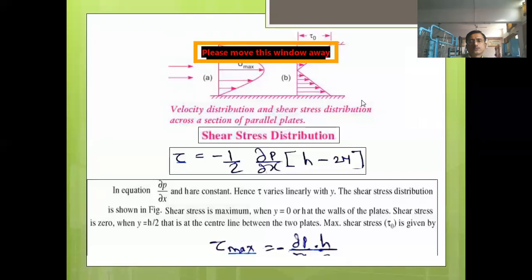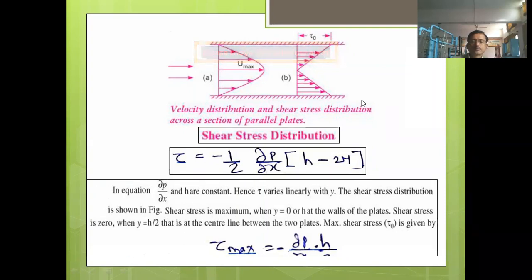Tau is equal to minus 1 upon 2 del P upon del x into h minus 2y.